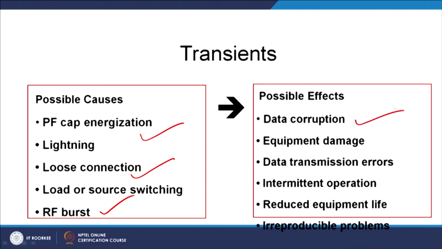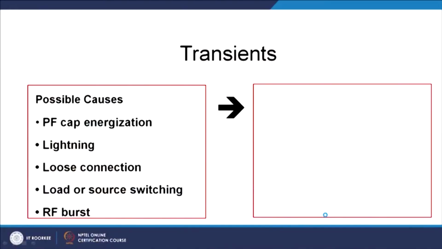If it is a data center, certain loss of data may occur, data transmission errors, while you are talking you are not able to hear properly, intermittent operation, it may stop due to flickers, reduced equipment life, and irreversible problems, that is, something may be destroyed and the system heavily damaged, like lightning. I have seen lightning at my personal house also, where some fans were destroyed and were beyond repair.